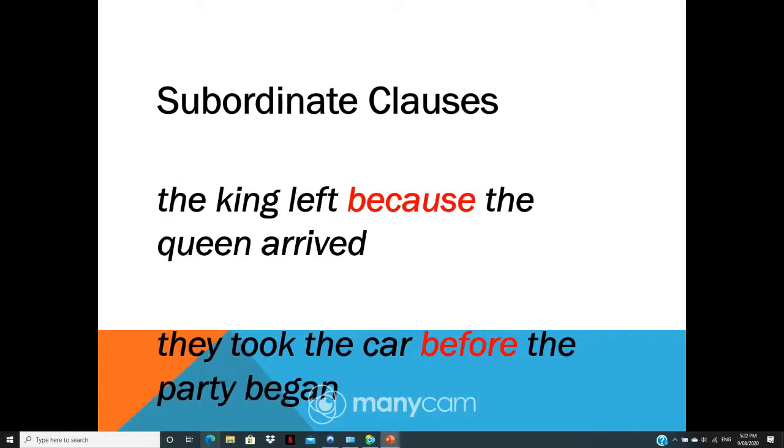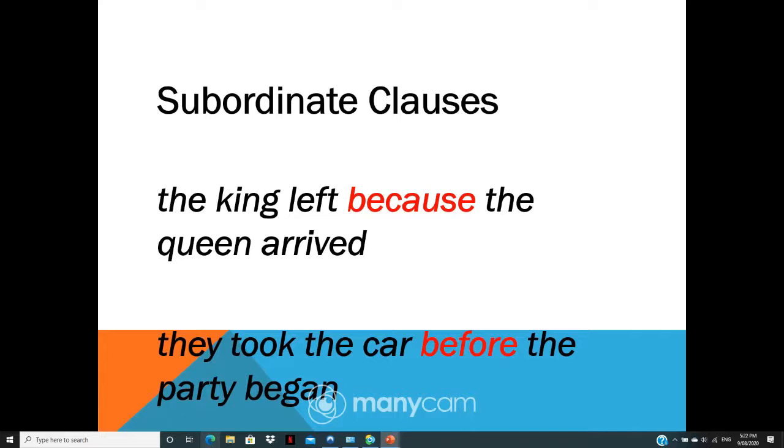So let's have a look at the subordinate clause examples in English. The king left because the queen arrived. They took the car before the party began. So the subordinate clause in the first sentence, the queen arrived, is introduced with the subordinating conjunction because. The whole thing operates to give you more information about the main proposition or the main clause, the king left.